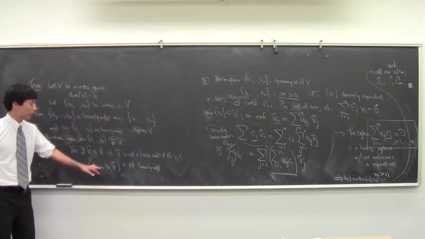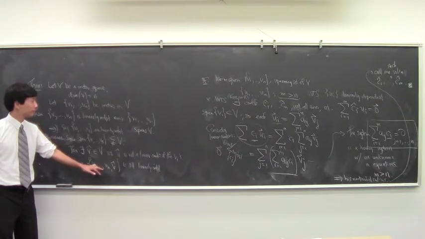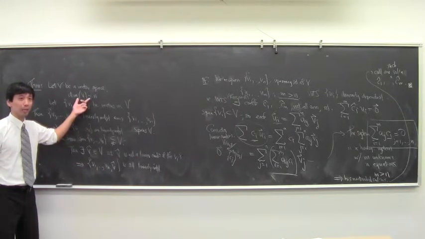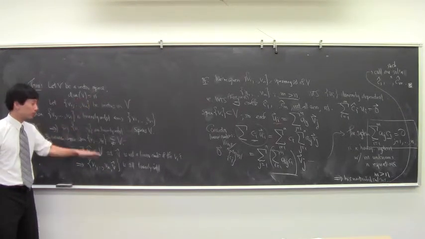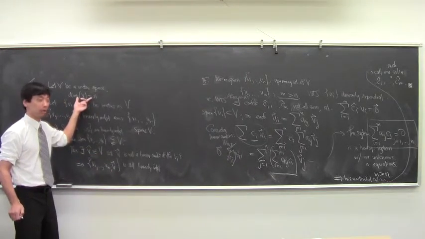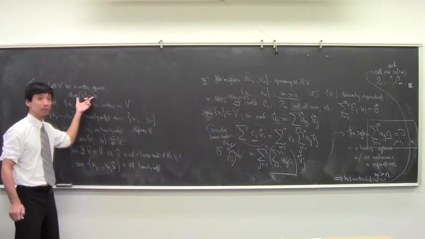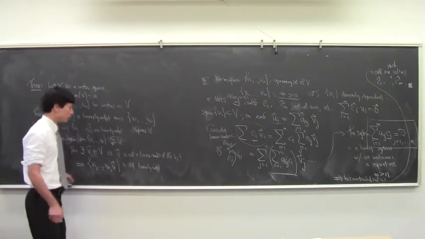I've got n plus 1 guys in the space, and they're linearly independent. Then the dimension wouldn't be n, right? There's a contradiction because the spanning sets should be size n, but we've got sets that are linearly independent that are bigger than spanning sets. So contradiction.